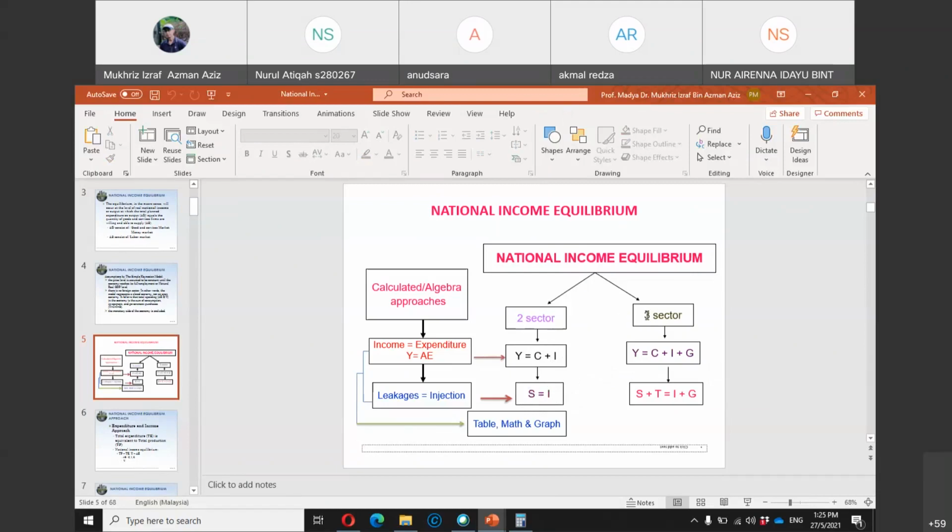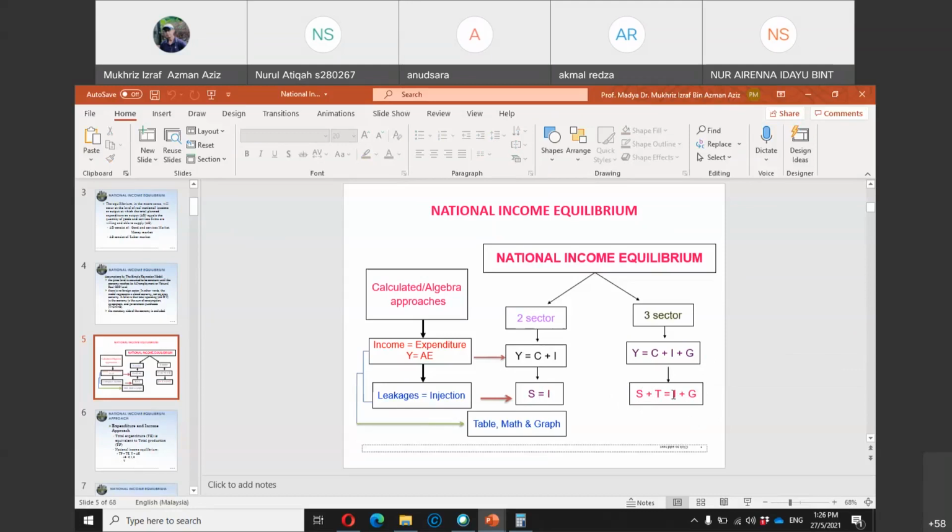But in a three sector economy, one method is using Y equals C plus I plus G. Another method is using this formula: saving plus tax, whenever it equals investment plus government expenditure, that will also give the value of the equilibrium GDP output.